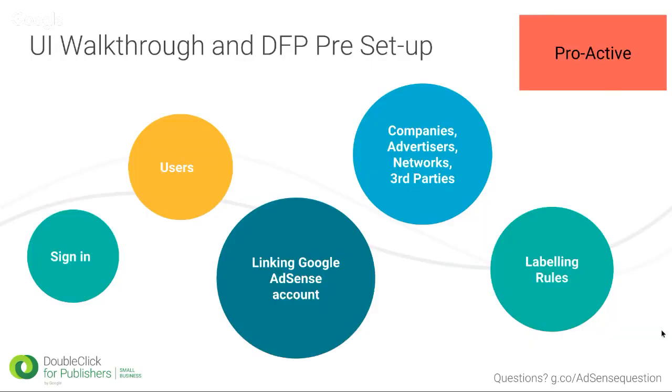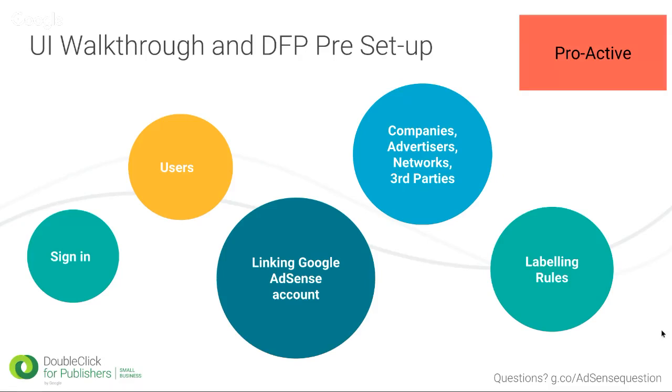So once you've set up and signed into DFP, we recommend you follow the pre-setup instructions here. The first is adding users to your DFP account. We next recommend that you link your Google AdSense account with DFP. You do need a Google AdSense account in order to have DFP.